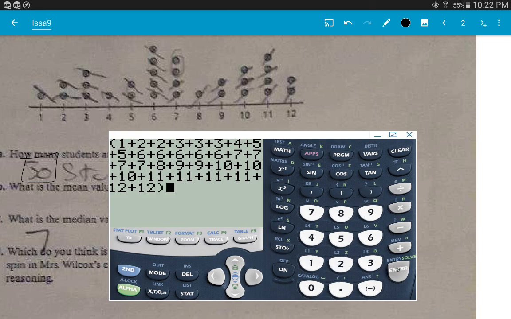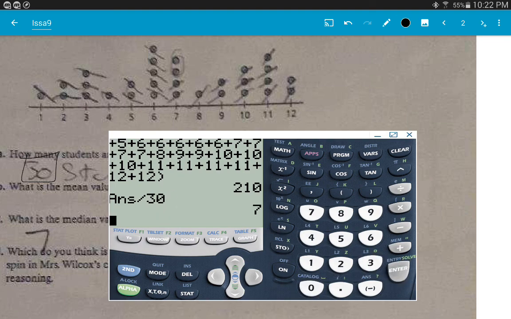We add all those up, it gets us 210, and then we divide it by 30, and we find that the mean is 7. So that's how that works.